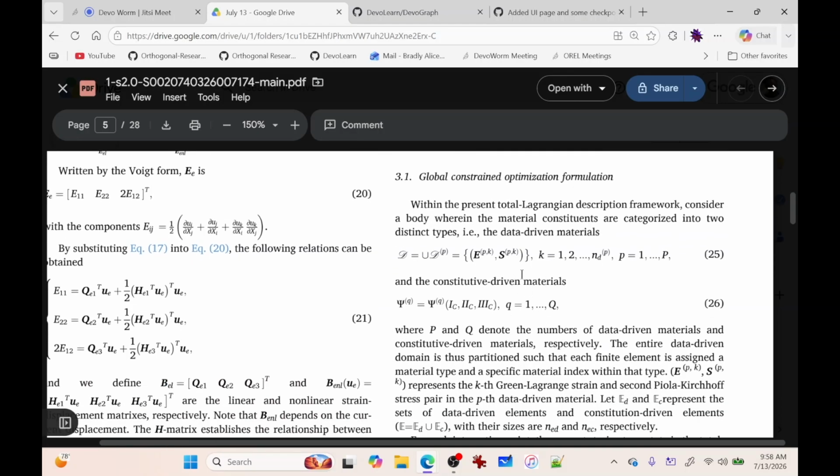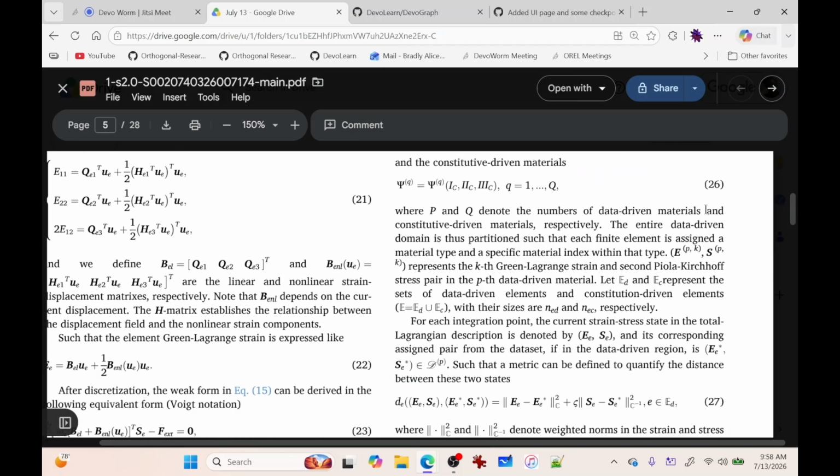Where P and Q, which are at the end of both equations here, denote the number of data-driven materials and constitutive-driven materials, respectively. The entire data-driven domain is thus partitioned such that each finite element is assigned a material type and a specific material index within that type.